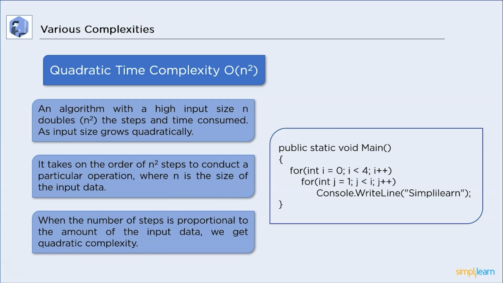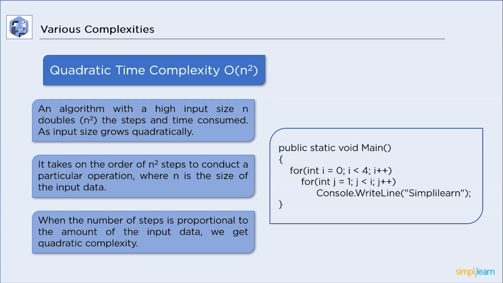For a particular operation, it takes the order of n square steps, where n is the size of the input. When the number of steps is proportional to the amount of input data, then we get a quadratic complexity. Here is a simple program of nested loops, which in turn gives us the n square complexity.